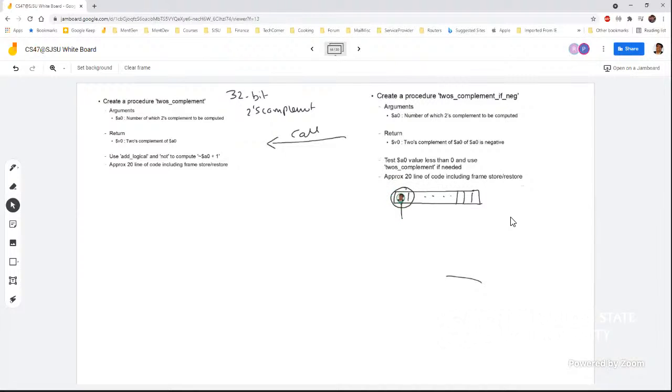You can extract the bit, remember you have a macro to extract a bit. So extract the 31st bit from there, and then test if it is 1 or 0. If it is 1, then call the procedure and do the complement. So this is also good.